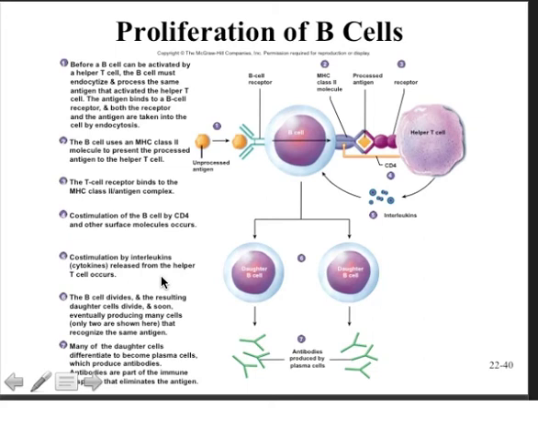These again are diffusible compounds that promote cell division, are released from the helper T cell, causing it to divide, and the resulting daughter cells divide and soon produce many cells that are capable of generating large amounts of antibody.